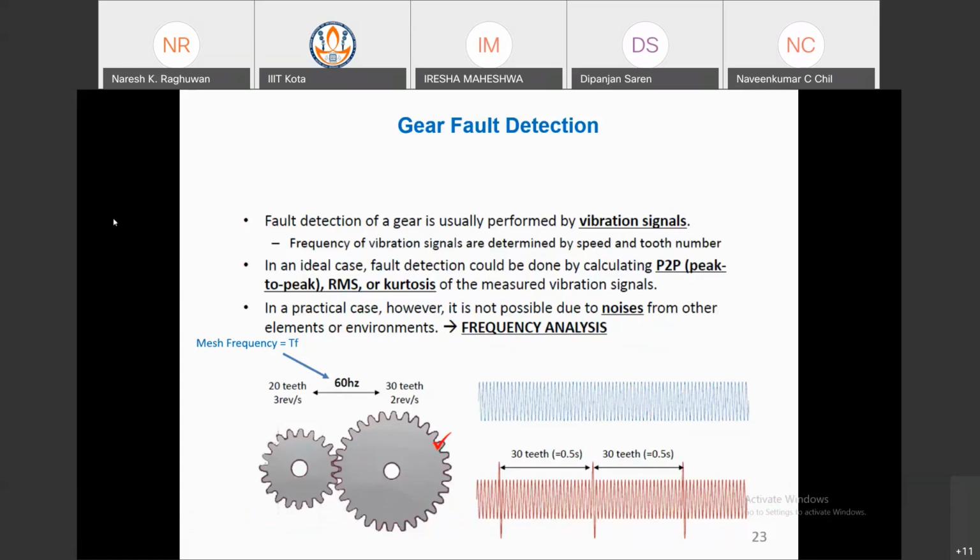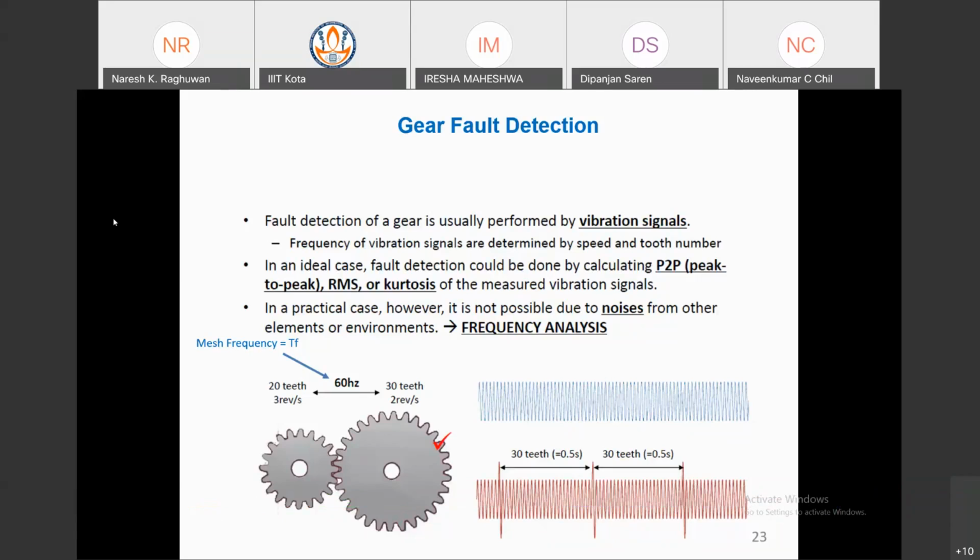RPM. So you are calculating in hertz, but if we are diagnosing the fault for a small gear or for the larger gear, the max frequency is 60 hertz. Understand what I am saying? Suppose the fault is in the small gear and the max frequency is 60 hertz.